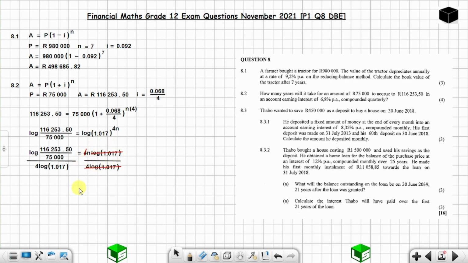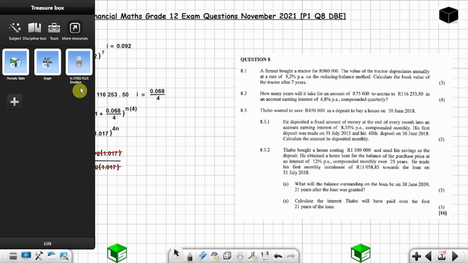Okay, so n is equal to this. You have n left on the right side. Now you are going to plug this into your calculator.